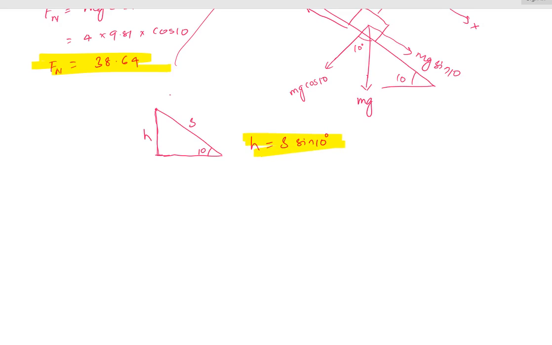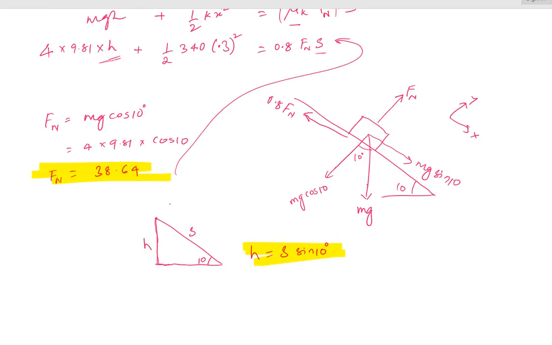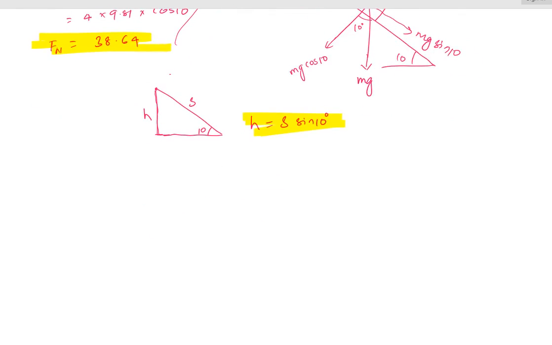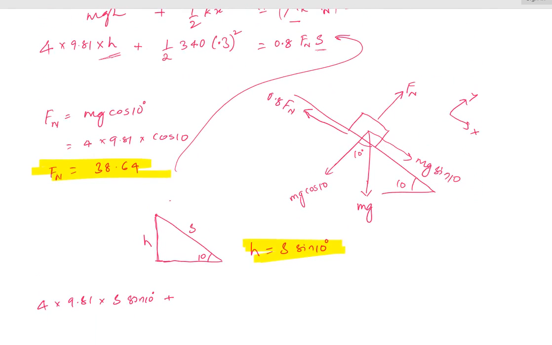Right. So these two things that I have highlighted need to go back into the first equation. So we get 4 times 9.81 times s sine 10 degrees plus 170 times 0.3 squared.